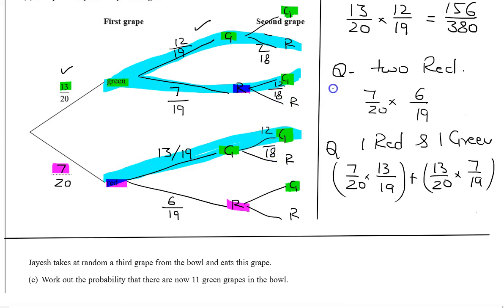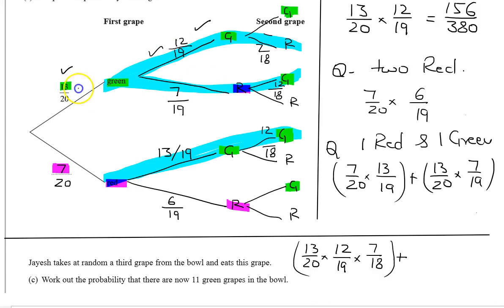So now let's see the first one, 13 over 20 multiplied by 12 over 19 multiplied by 7 over 18, plus this one.